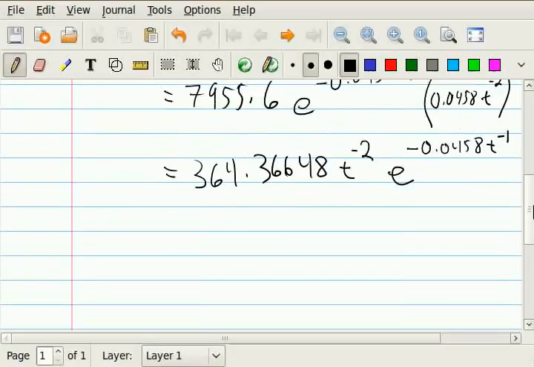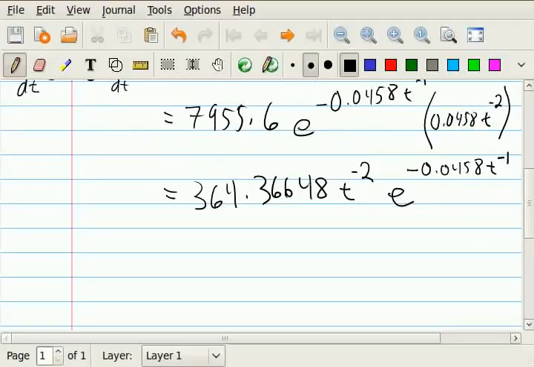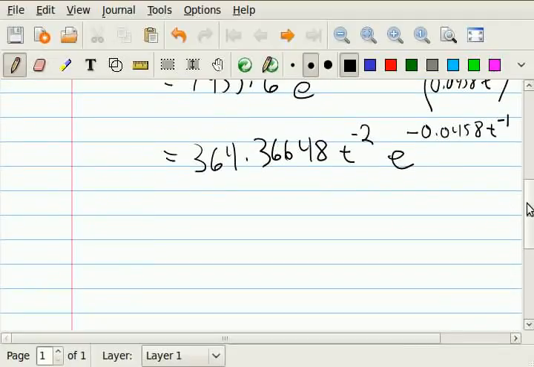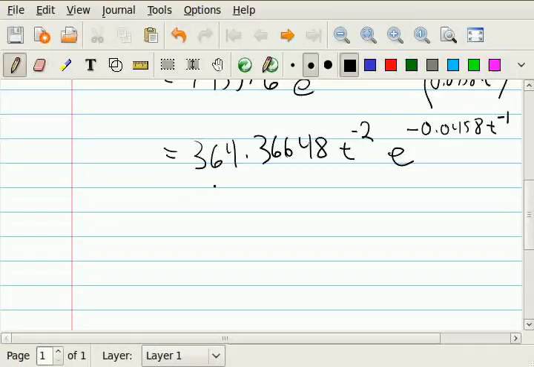And of course next they want us to put some numbers in here, but it might take you a little bit of time to type it into the calculator. Part A was to find the rate at which the yield is growing 5 years from now.